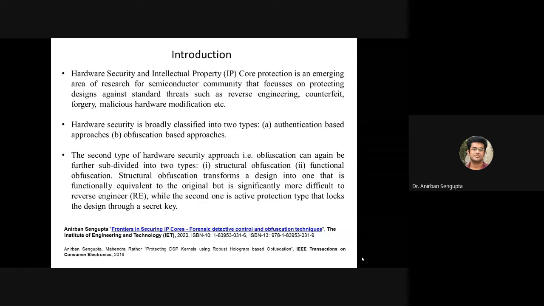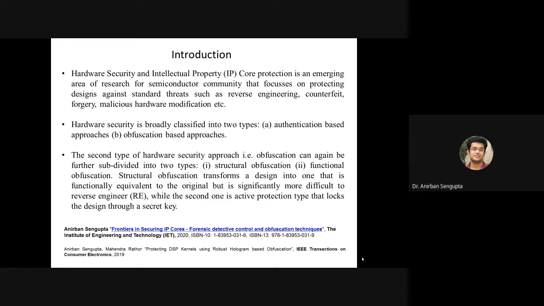It is an emerging area of research for the semiconductor community, where computer science researchers have a very important role to play in developing algorithms that can secure the hardware. The main focus is on protecting the designs against standard attacks such as reverse engineering, counterfeiting, forgery, malicious hardware modification, and so on.